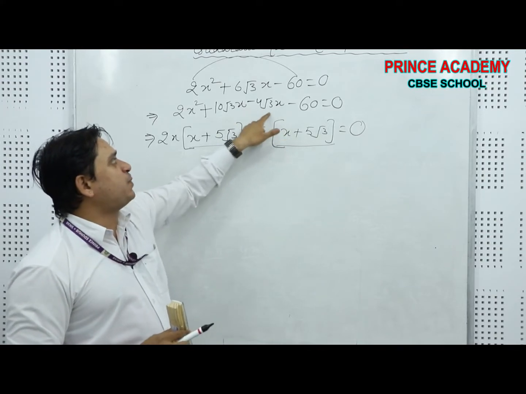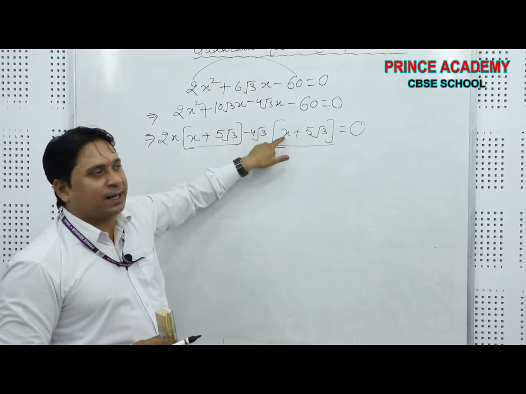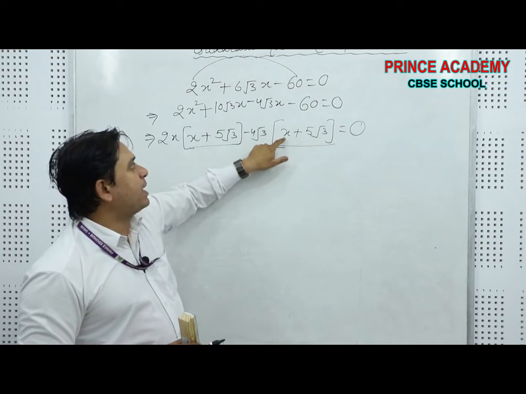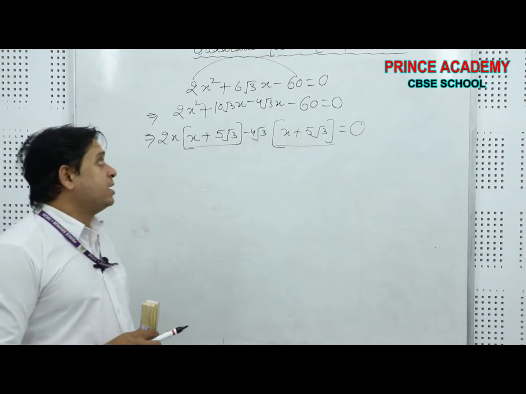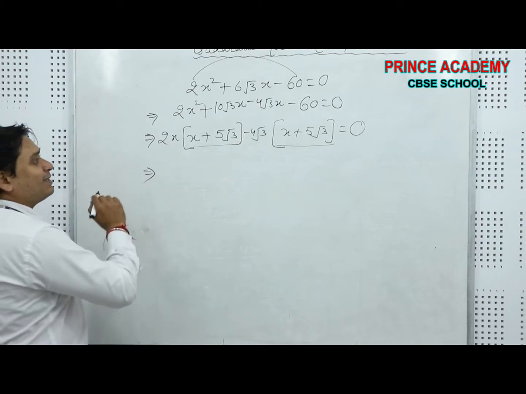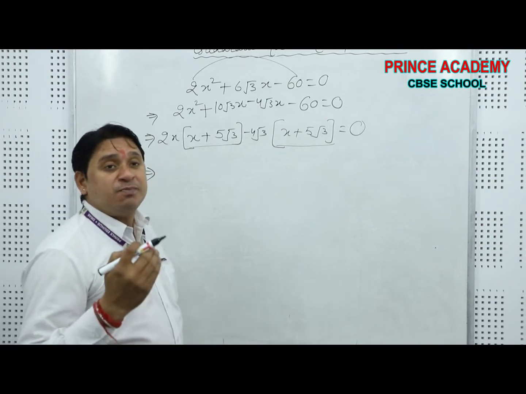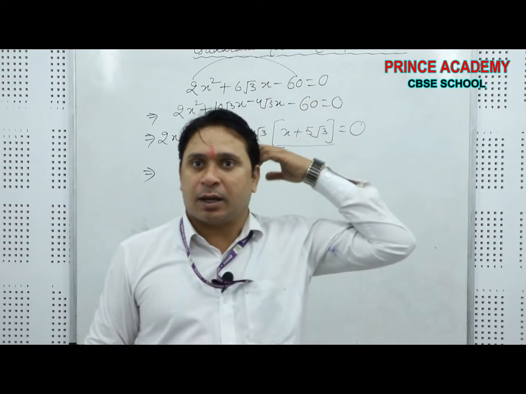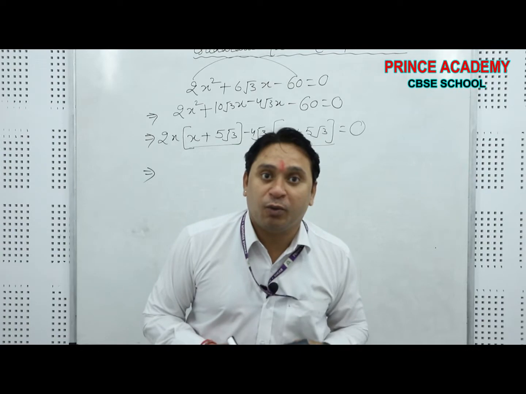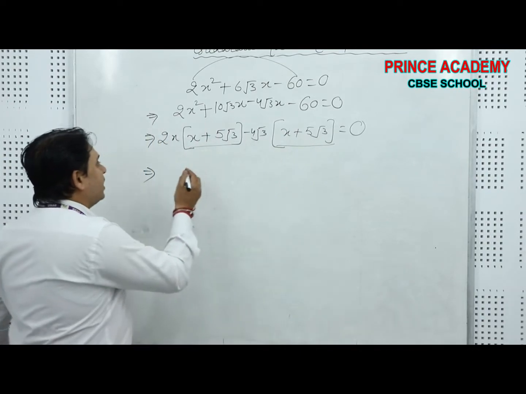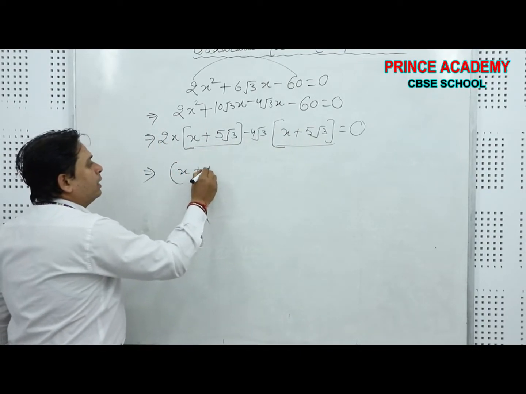Then I divided this portion by x, because from here x was pending, minus 4 root 3, it will automatically come here. So these are some little cheat steps that make the factorization easier. So do not worry about any calculation. It will be fun for you.